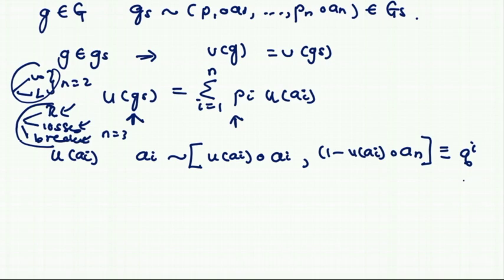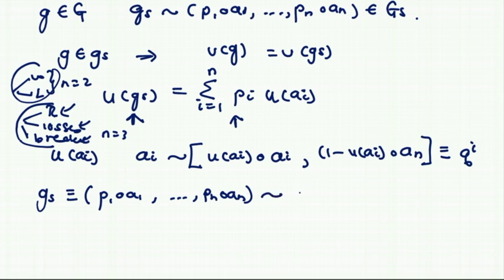Now, the next thing, by substitution. If you can recall the axioms, there is one axiom called the substitution axiom. If we use that axiom, then by substitution, the simple gamble is this: P1 composite of A1 until Pn composite of An, and this simple gamble by substitution is an equivalent relation to G prime.